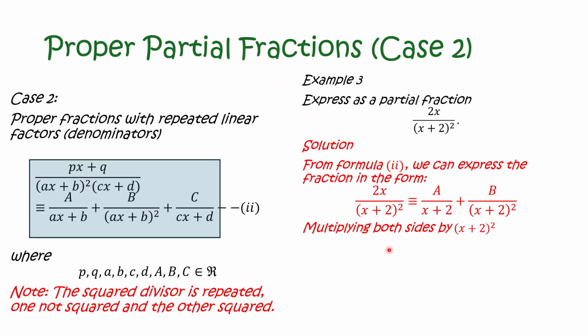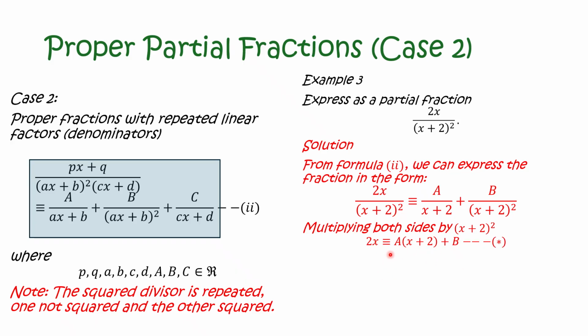And as usual, we would need to clear the fractions or clear the denominators. We do so by multiplying both sides by the denominator of what is on the left-hand side, and that is (x plus 2) squared.